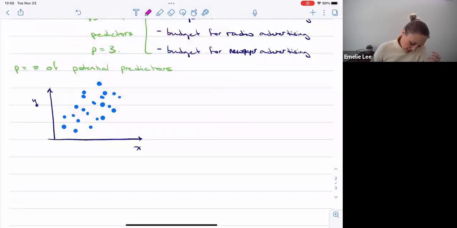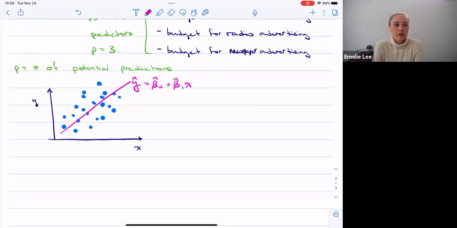And so what we get here is, don't need that thick of a line here. So we say that Y hat is beta 0 hat, or beta naught hat, plus beta 1 hat X. Okay.